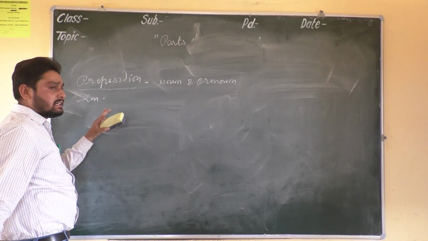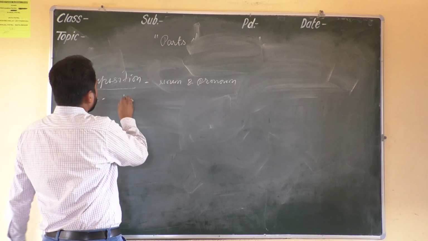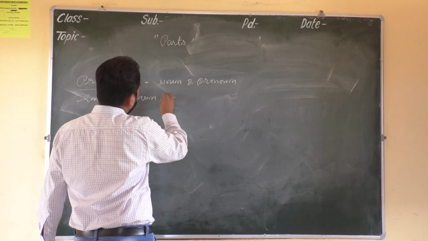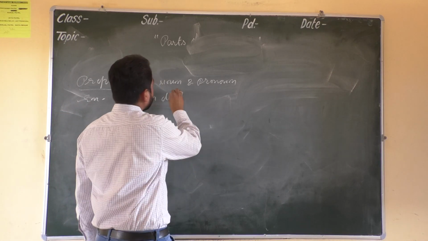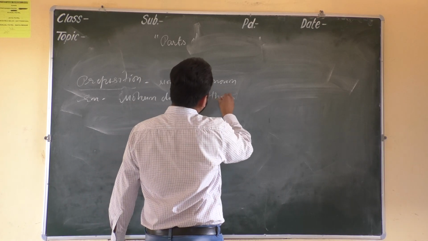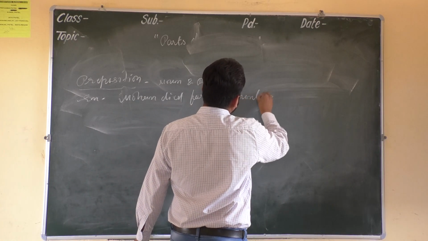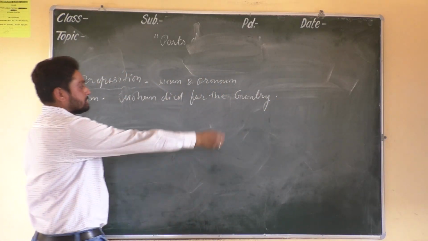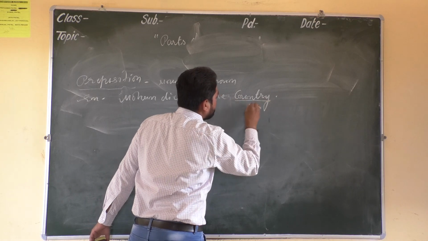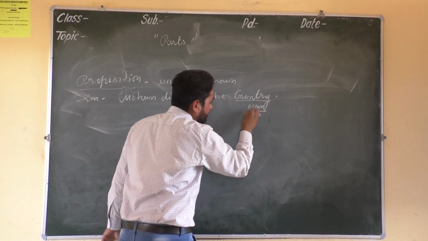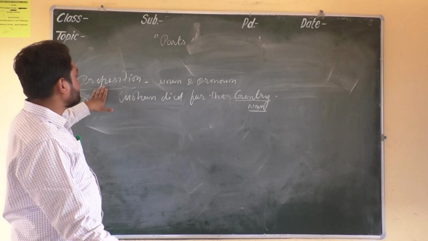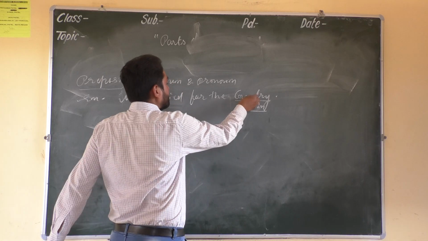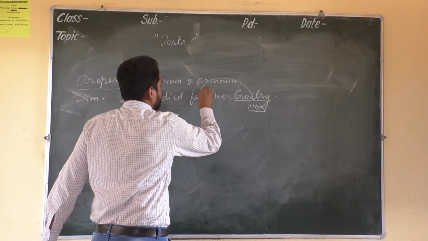Look here, I am writing an example. Mohan died for the country. Here country is our noun, and I already explained that we place a preposition before a noun or pronoun. Country is a noun, and before the noun I placed the preposition for.